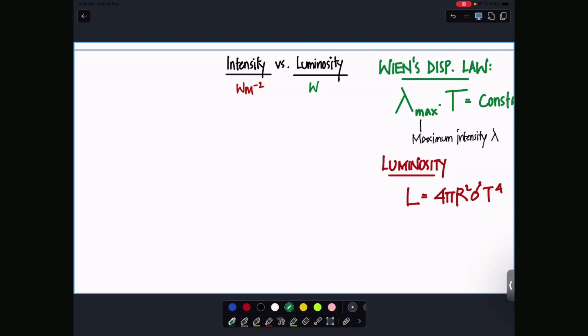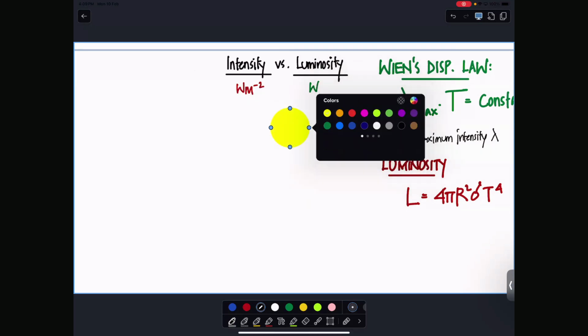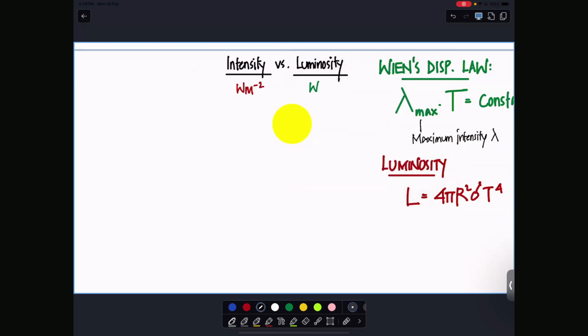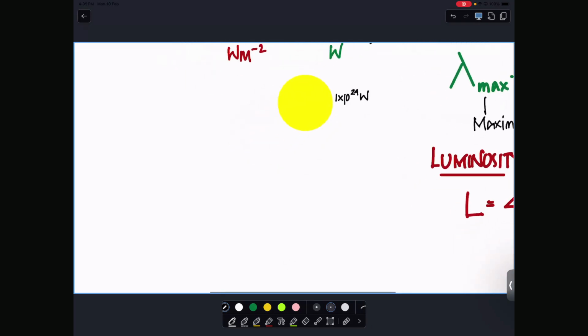So let's say we have a star out there, and the star has a couple of properties. This is a very far away star, and the first property is the power that the star is giving out: 1 times 10 to the power 24 watts. That's the power of the star. And we are out here, very far, on Earth.